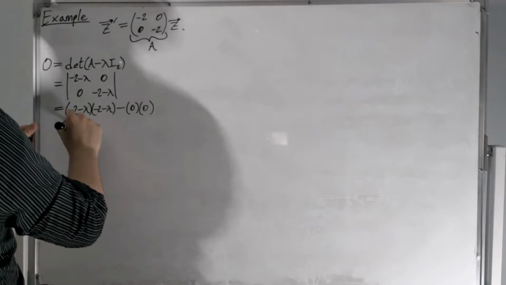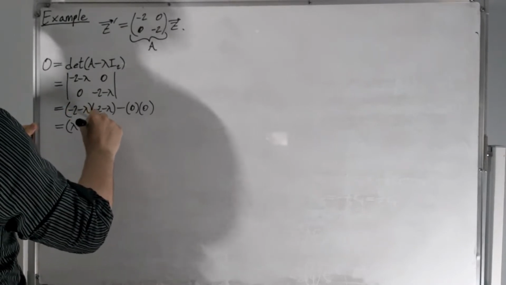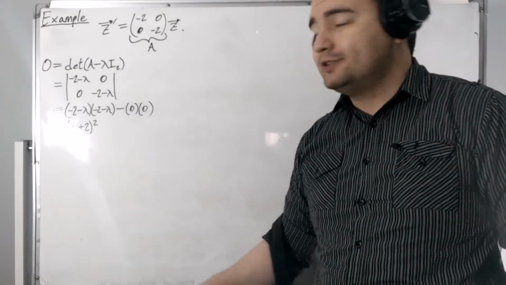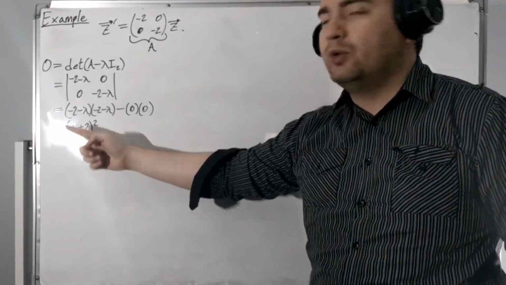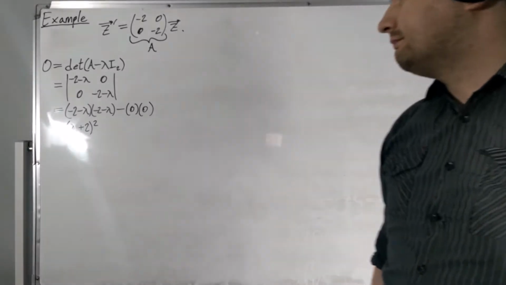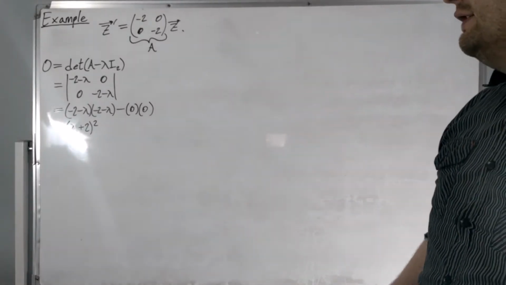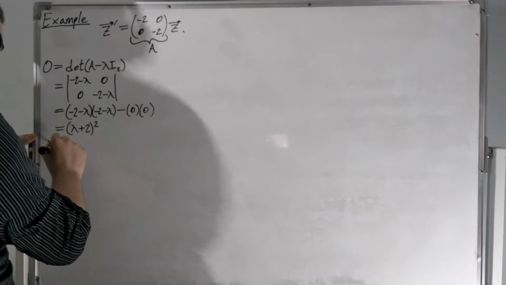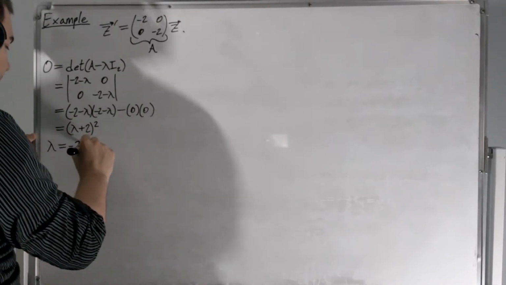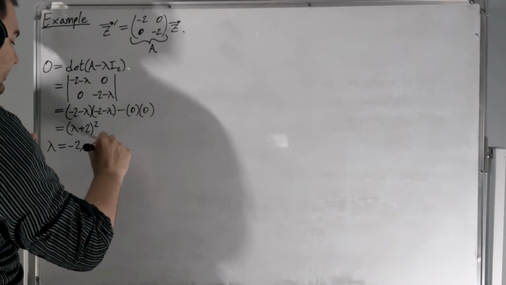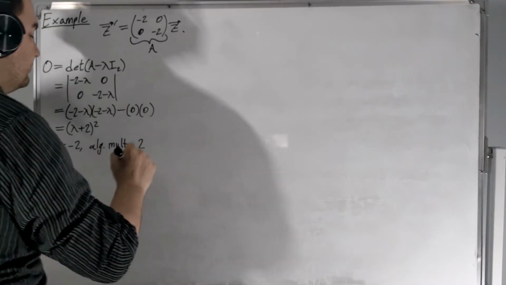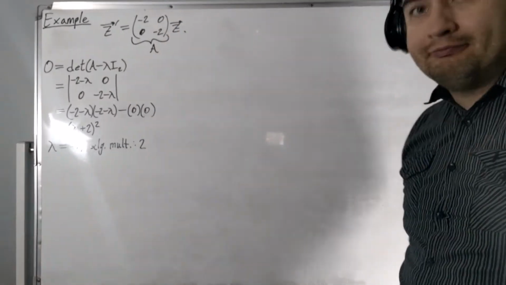This is lambda plus 2 squared. The negatives cancel because you're multiplying -1 by -1. Okay, so we have a single eigenvalue, lambda equals -2, with an algebraic multiplicity of 2. All right.